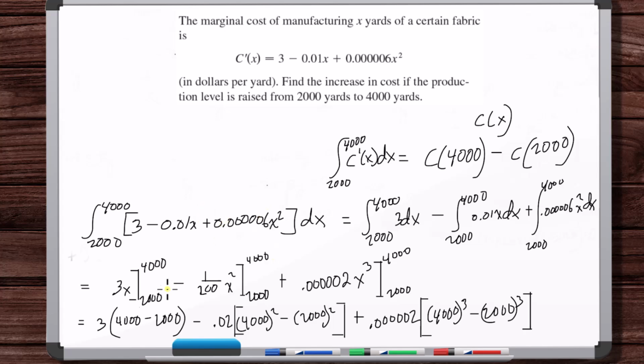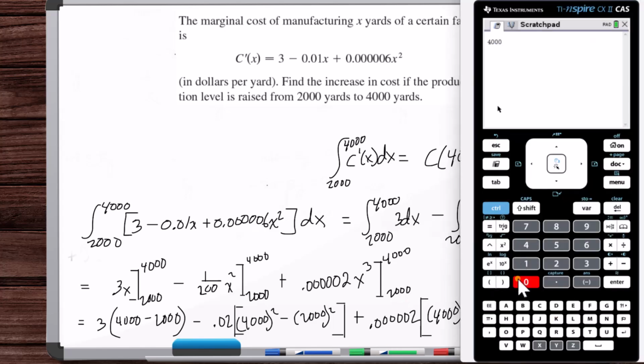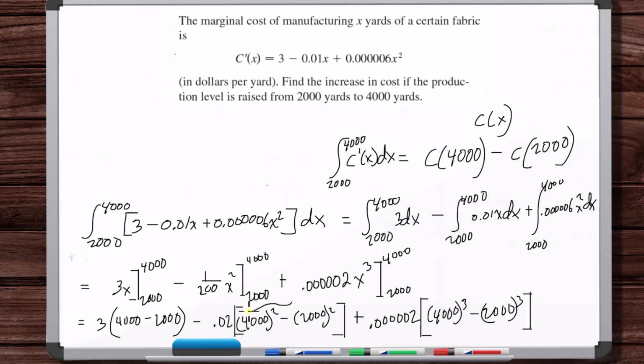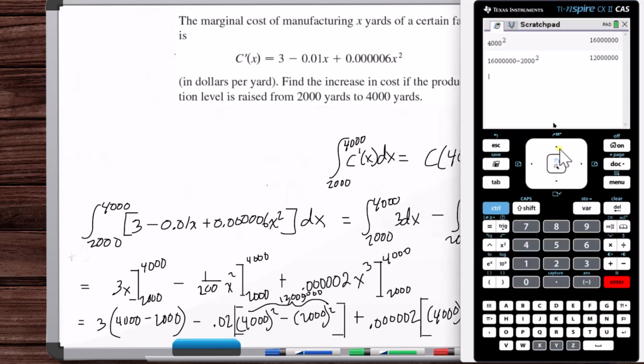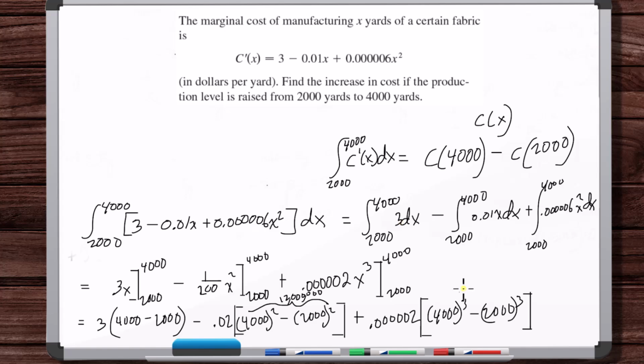So 4,000 squared minus 2,000 squared is 12 million. Now 4,000 cubed minus 2,000 cubed is 56 with 9 zeros.